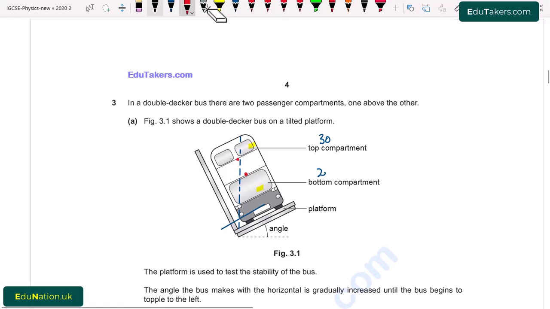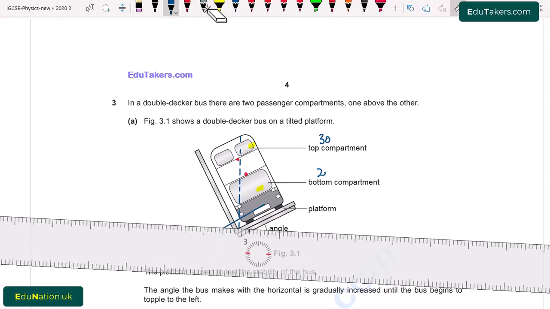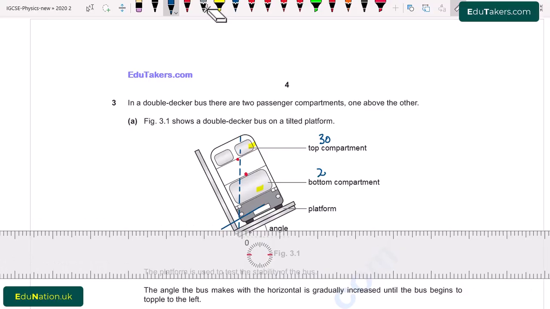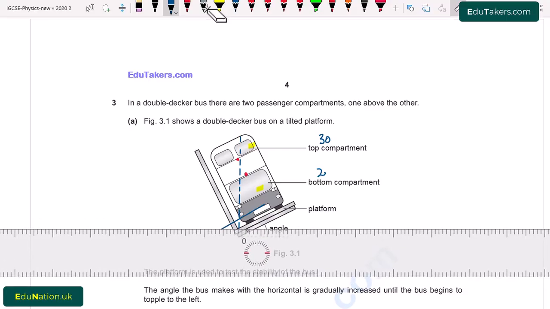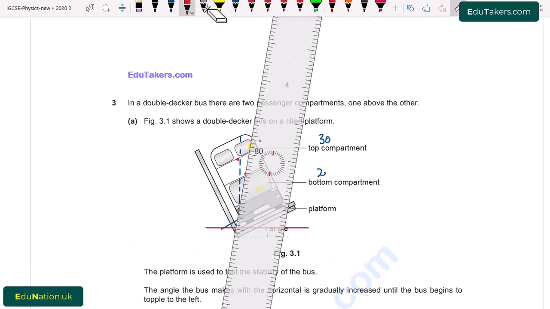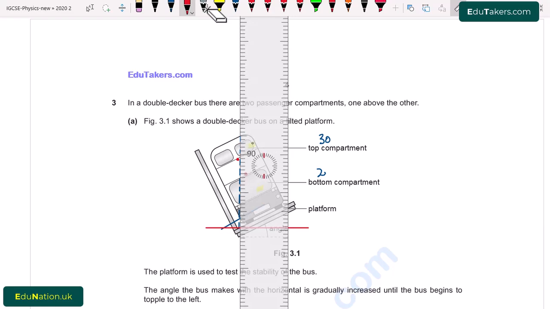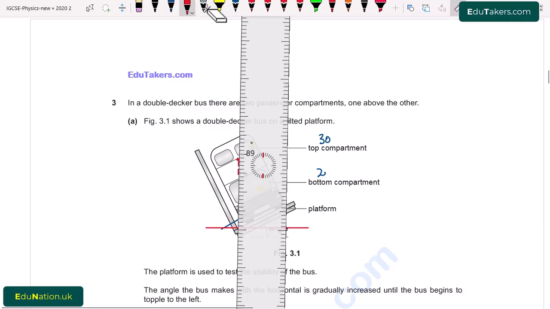Now, if I draw a baseline, and also a line of action, which is vertically downward, passing through this center of mass.